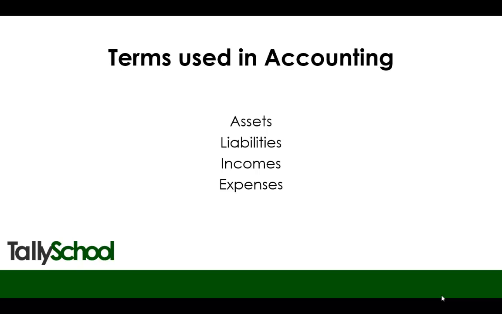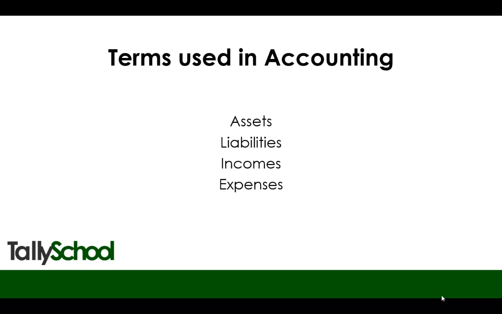So taking the example of the car, you have a car, that's your asset. You give it on rent and you earn some money on rent, that's your income. Now, when you have the car, you know that you have to pay for maintenance and for petrol.